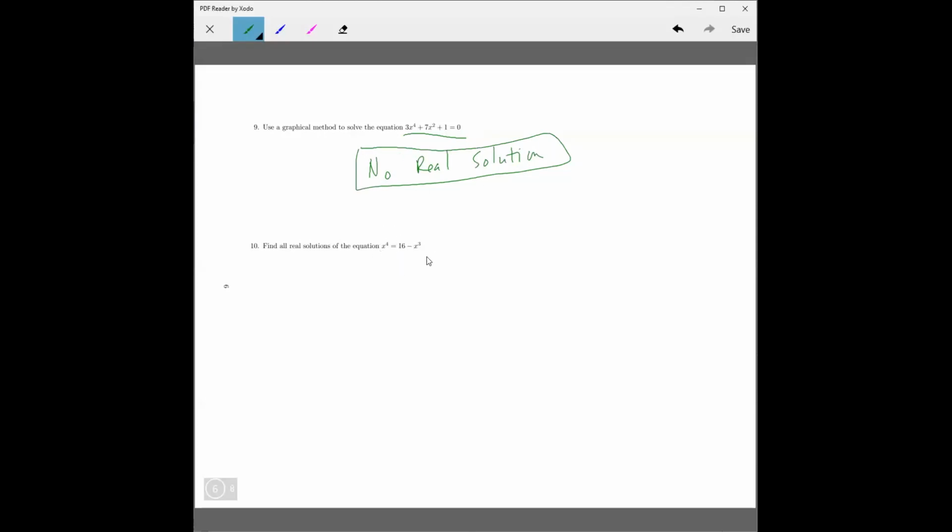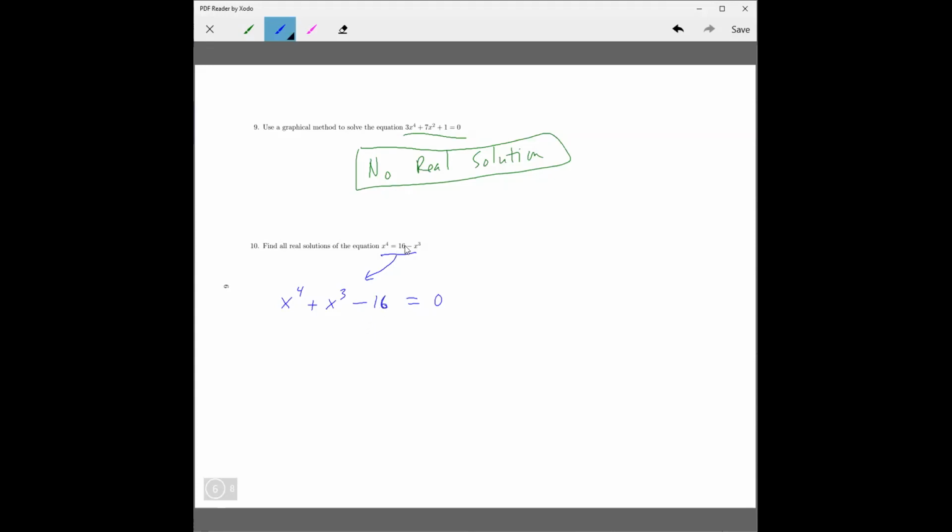Okay, let's look at this one right here. So x to the 4th equals 16 minus x cubed. So judging by what happened with the other problem, I think it's better for us to bring everything to the left-hand side, like this.